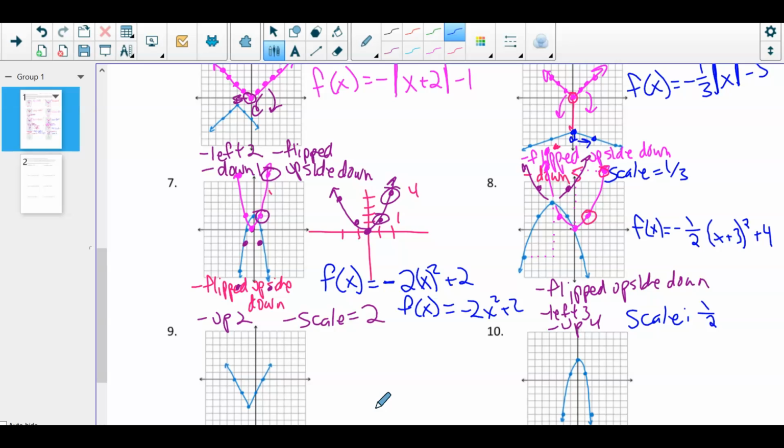Negative 5, 2. Negative 3, positive 4. Negative 1, positive 2, and then 1, negative 4. So I'm going to look for those points.